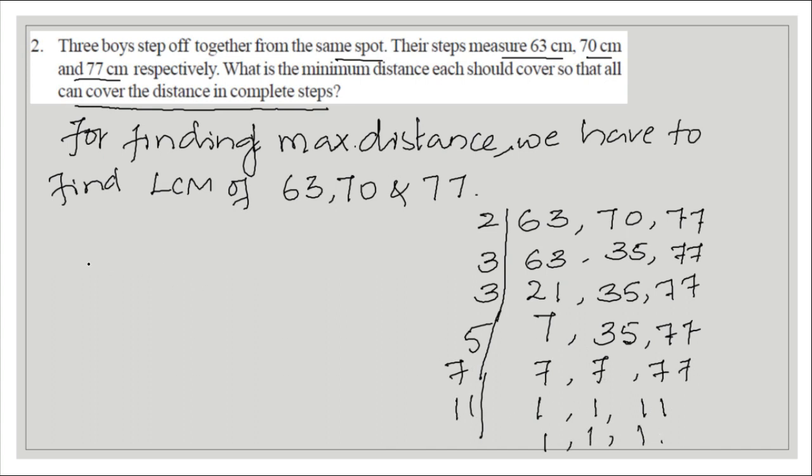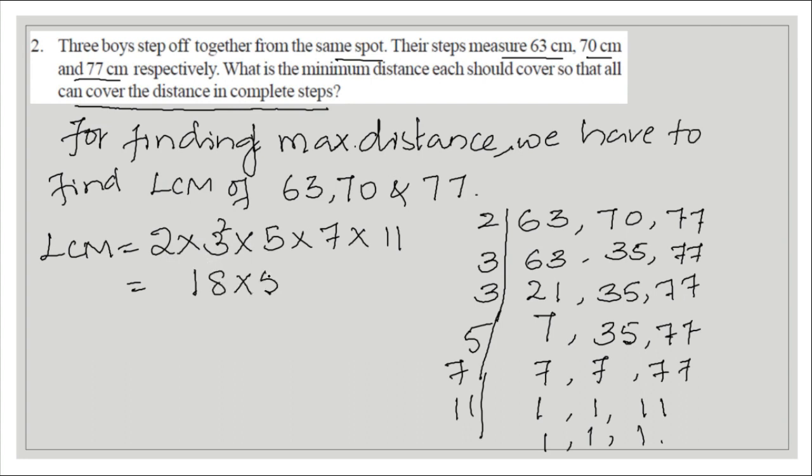Here the least common multiple is 2 multiplied by 3 square multiplied by 5 multiplied by 7 multiplied by 11. This is the same as 2 into 9, which is 18, multiplied by 5, multiplied by 77. On complete multiplication, we will be getting this as 6930. So 6930 centimeter is the minimum distance each one should cover.